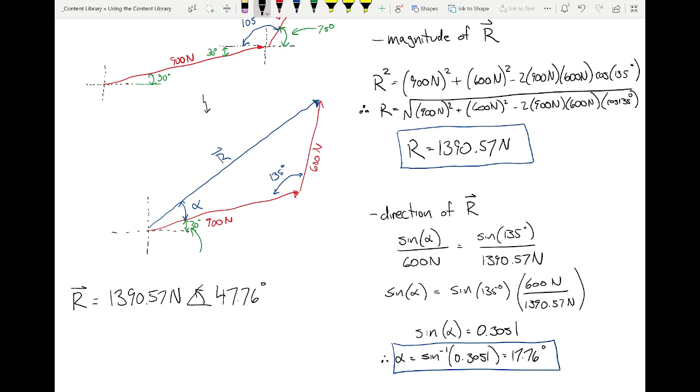So, what's our answer? Let's be clear. What's our answer to this problem? This problem said determine the resultant vector. What are the two quantities that describe a vector? Magnitude and direction. So here we have a vector. This is magnitude.